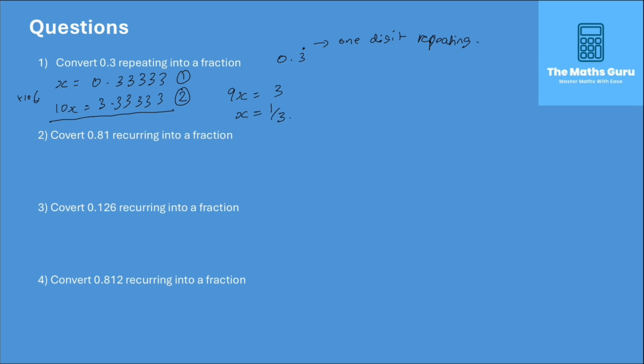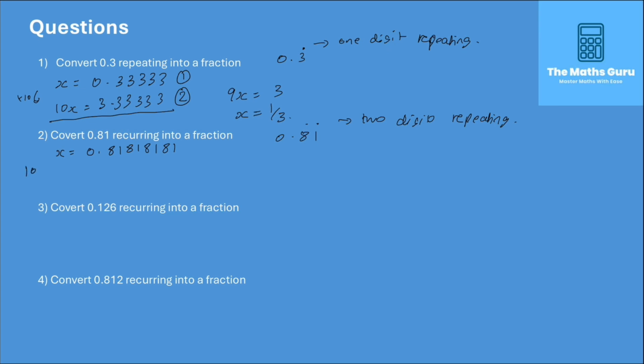Okay, convert 0.81 recurring into a fraction. So 0.81 recurring is going to look something like this. And now look, it's got two digits repeating. Therefore, when we write out our x, we have x is equal to 0.81, 81, 81, 81.